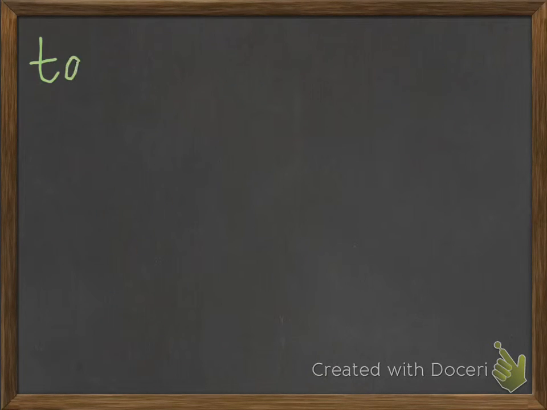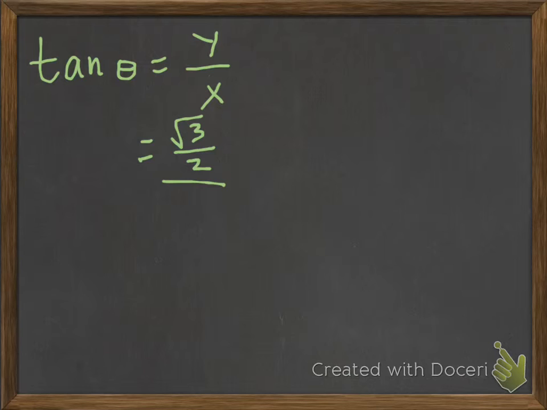Tangent is y over x. So this one I'm going to have to do a little bit of work for. So my y value is root 3 over 2 over my x value of negative 1/2. So we need to divide fractions, and the way we do that is keep, change, flip, or multiply by the reciprocal, whichever saying you learned in middle school.